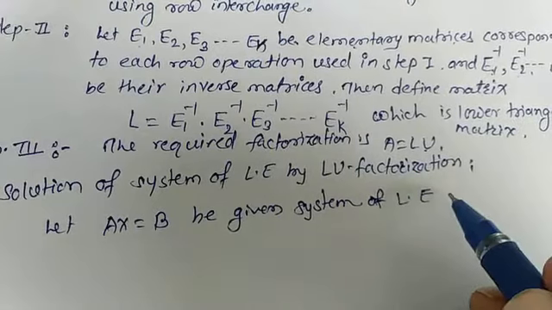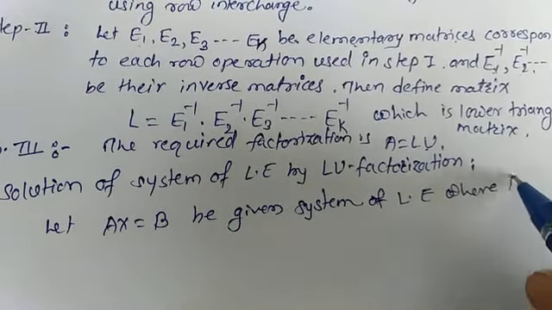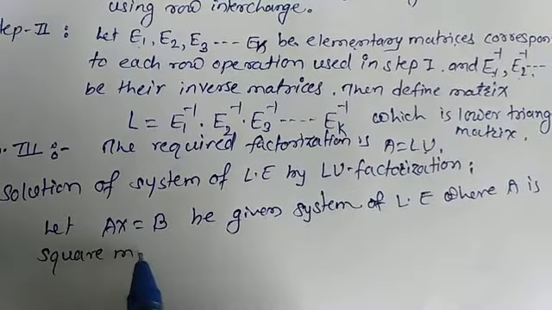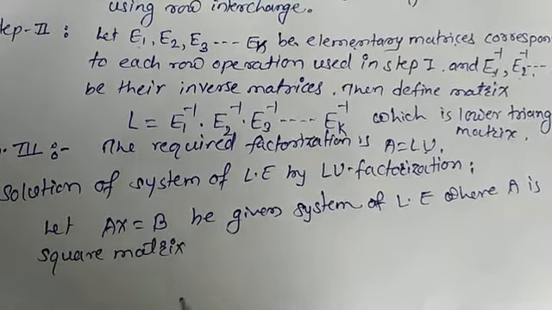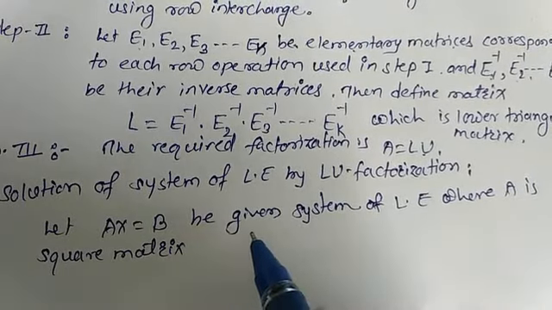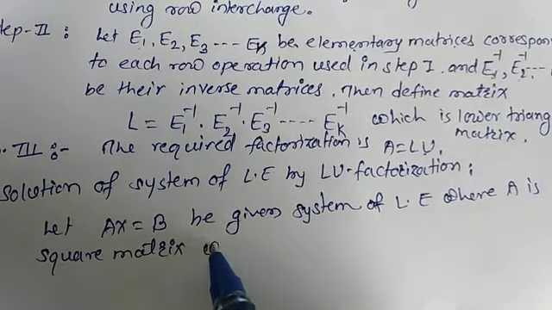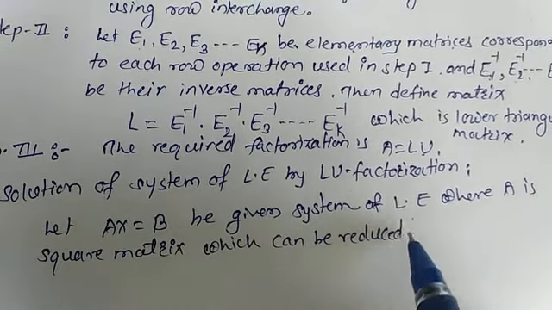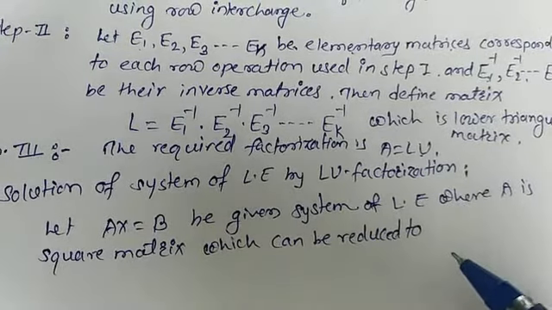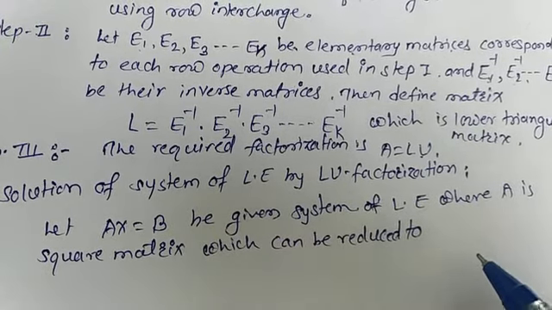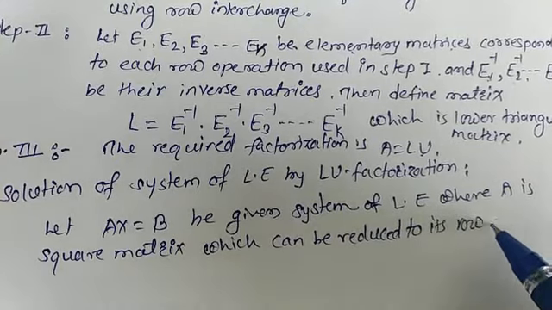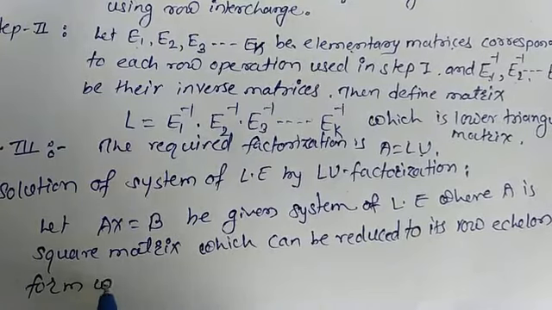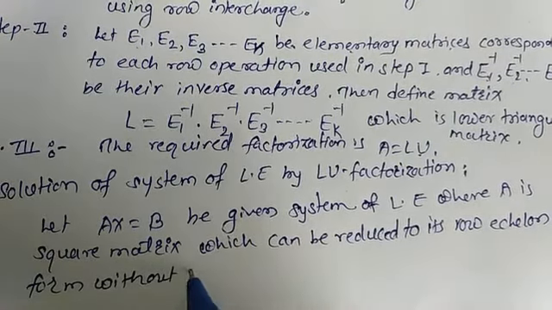where A is a square matrix which can be reduced to its row echelon form without using row interchange.